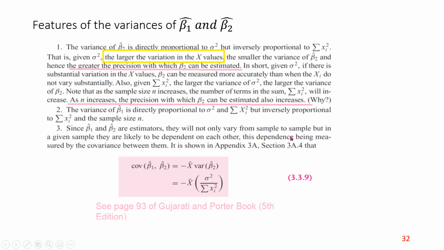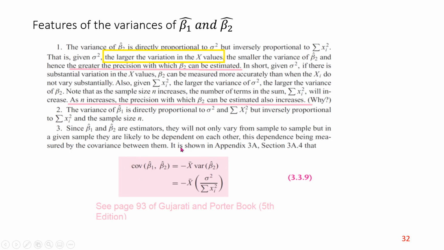Not only will they vary, but in a given sample they are likely to be dependent on each other, because the sample at hand is a random sample. So these variables will be random values, and these random values can be dependent upon each other, and we can easily measure the dependence between the intercept and the slope coefficient by using this formula.